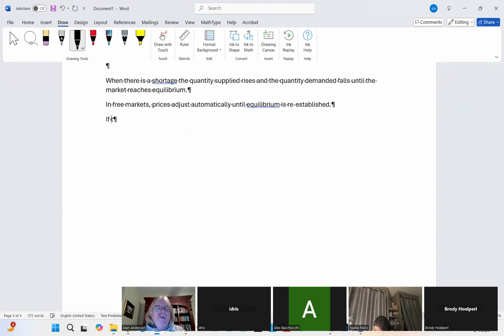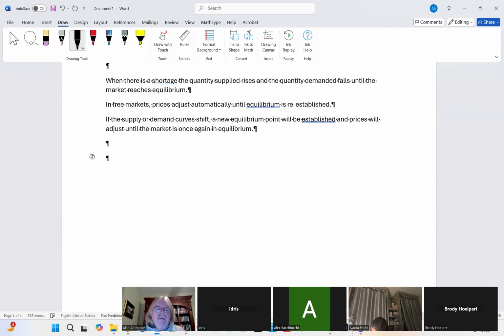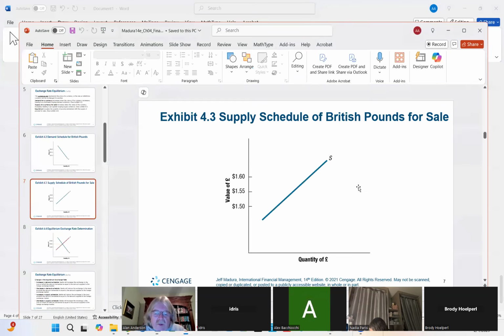If the supply or demand curves shift, a new equilibrium point will be established and prices will adjust until the market is once again in equilibrium. But what we want to consider here is what factors could actually cause this to happen. So that's where we're going next.